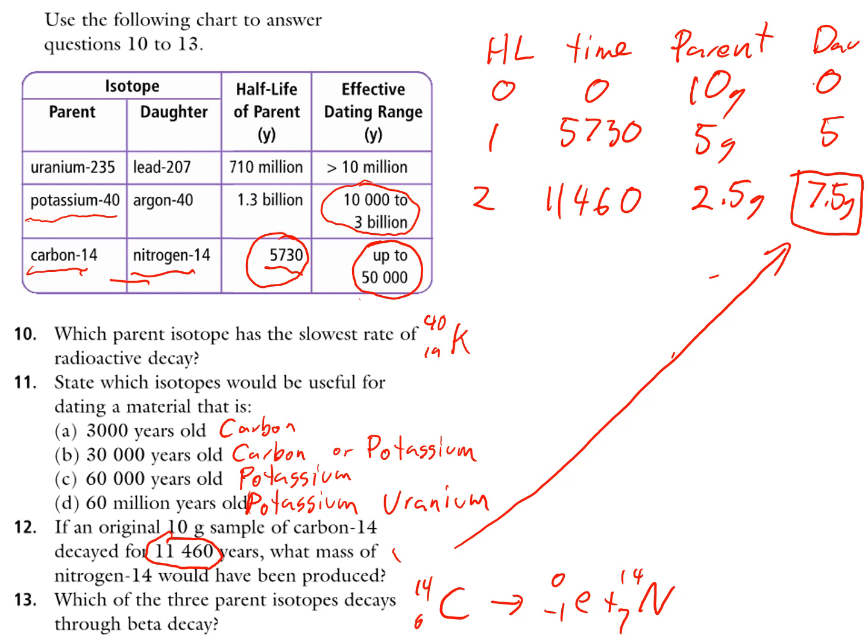Now, let's take a look at potassium. Potassium is turning into argon. Okay? Now, you probably were thinking, hey, they both have that 40 there, that one's also beta decay. Let's write this one out. So we write potassium, 40 and 19. And then we're going to turn this thing into argon, and argon is 40 and 18. So, do I put a -1 here?